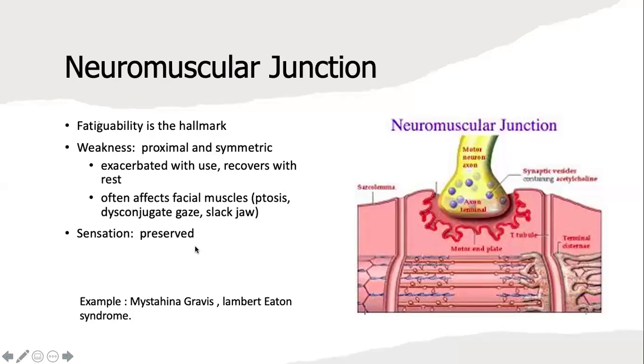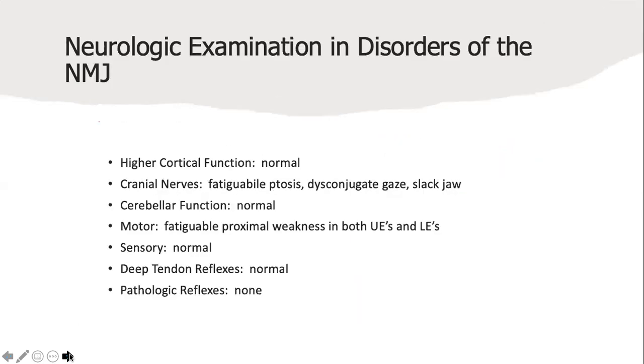When I examine the patient, it could be generalized weakness, so it could affect the face, upper limb, and lower limb, and the hallmark, as we mentioned, is fatigable weakness. So when I examine the patient, as we say, normal higher function, fatigable weakness, for example, fatigable ptosis. Maybe there's no ptosis initially. I ask the patient to look up for 10 seconds, then I start to see some ptosis.